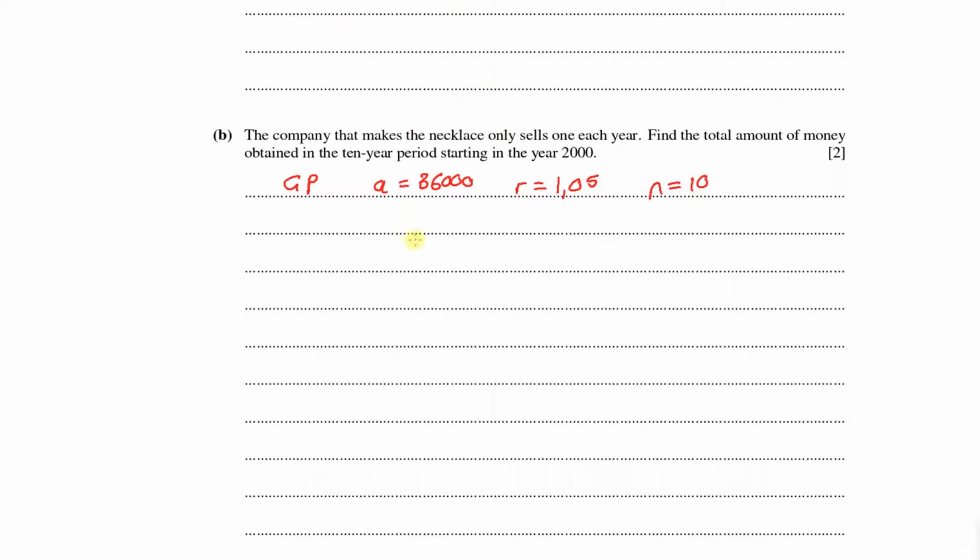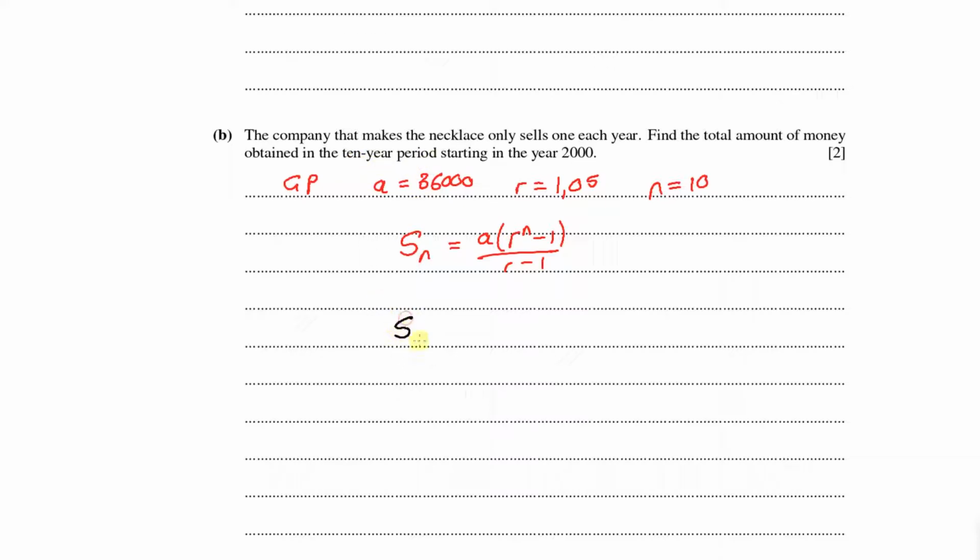So if we use the formula for sum of the first n terms of a GP, which is A of R to the n minus 1 over R minus 1, then we'll be able to find the sum for the 10-year period.